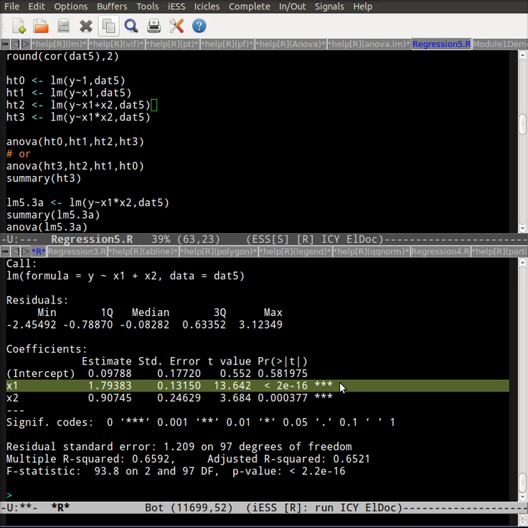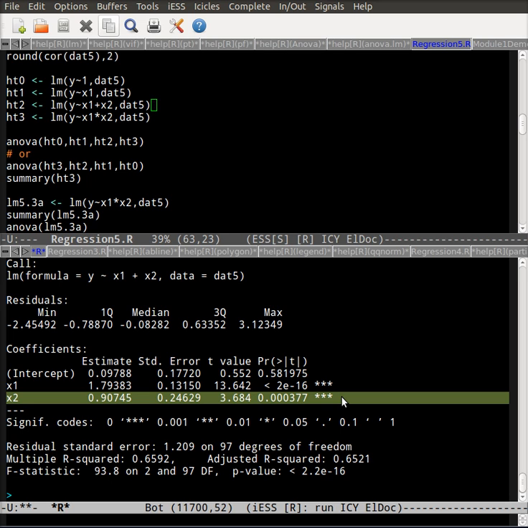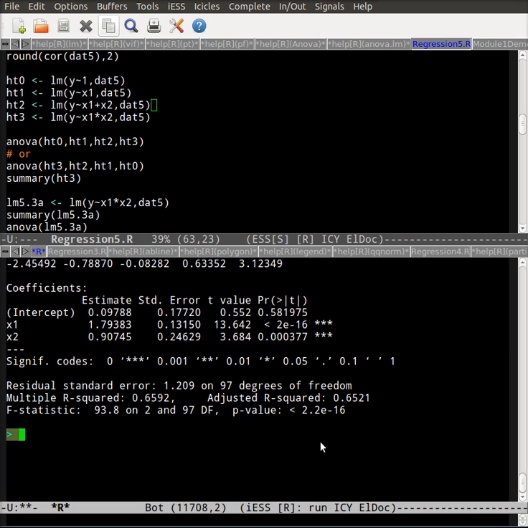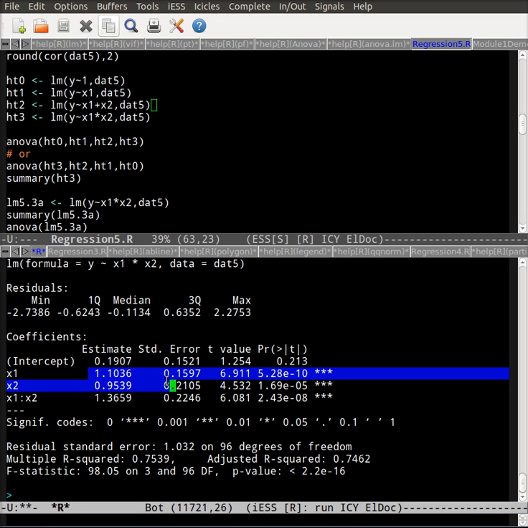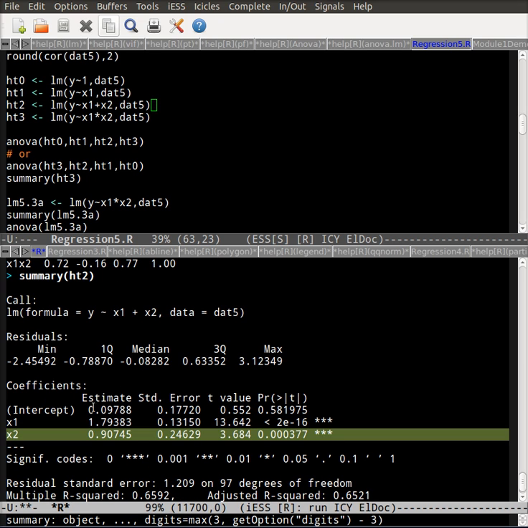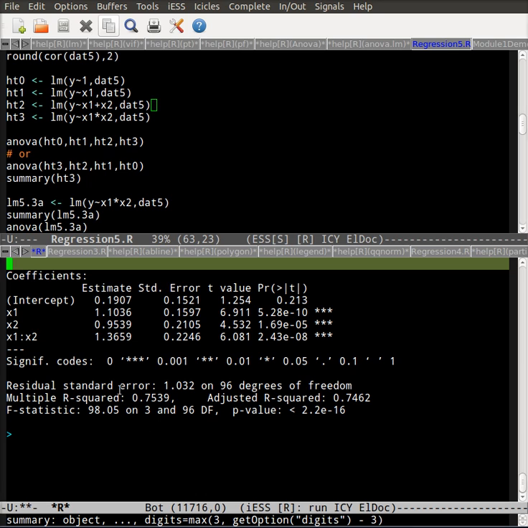But partial correlation coefficients do not take into consideration the potential effects of the interaction. So when I include the interaction term here, I'm getting different parameter estimates for both of my primary predictors. I went from 1.7 or 1.8 and 0.9 to 1.1 and 0.95.